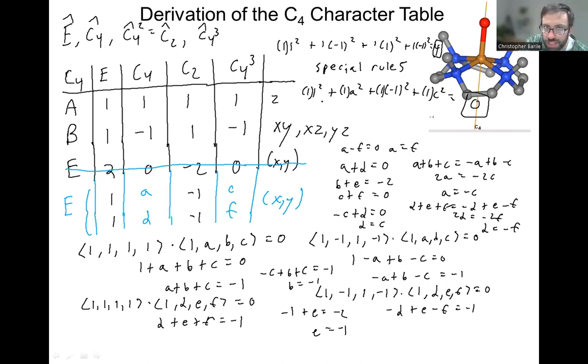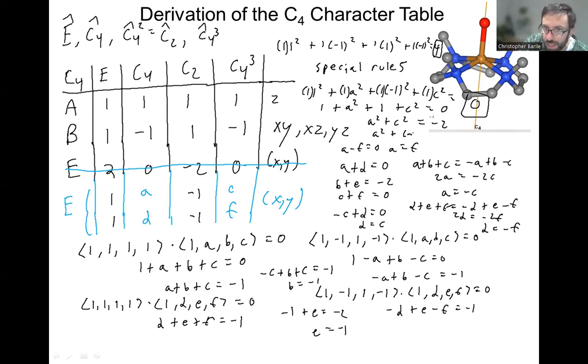And the way that this works now is we have 1 plus A squared plus 1 plus C squared equals 0. And so that tells you now that A squared plus C squared equals -2, bringing those ones to the other side. But we know from earlier on that A equals just -C, or in other words, C equals -A.